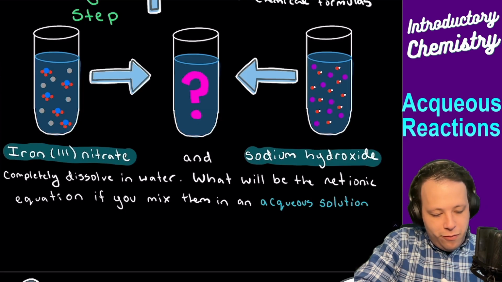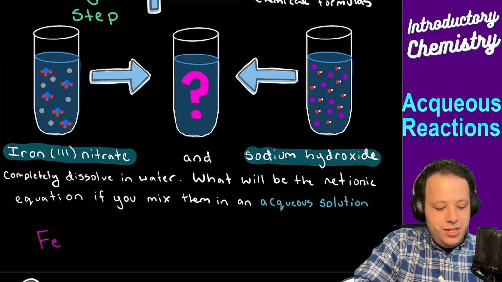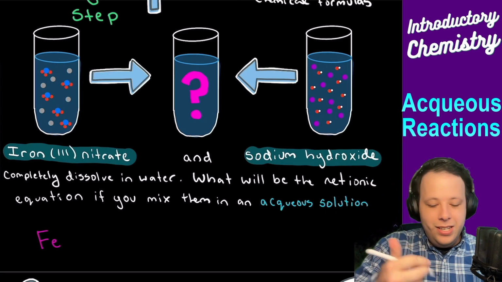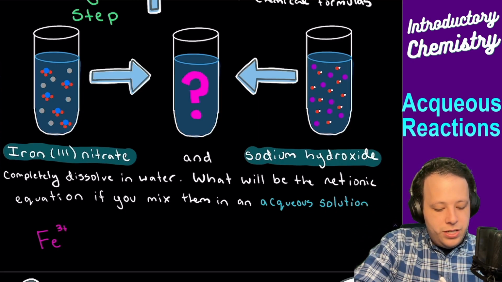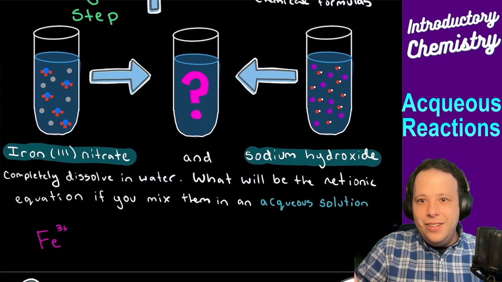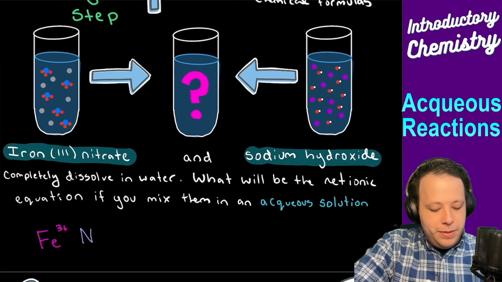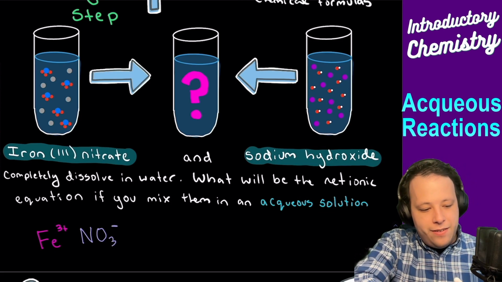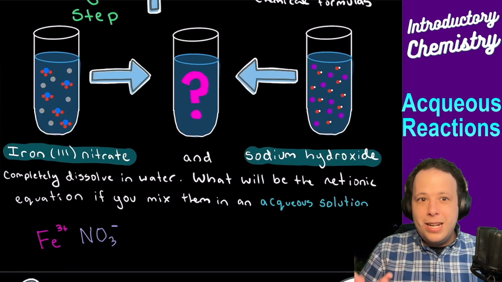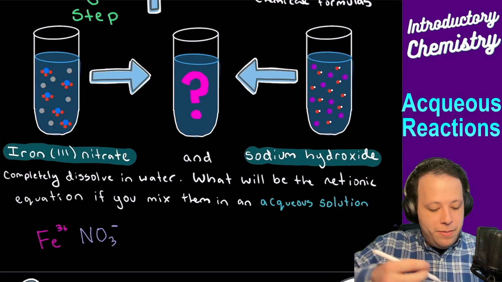If we remember from naming, we have Fe for iron. It has a Roman numeral 3, so that tells you that it has a charge of 3+. Nitrate is one of our polyatomic ions, so that's going to be NO3-. Being that these are separate ions, we have to swap and drop them.